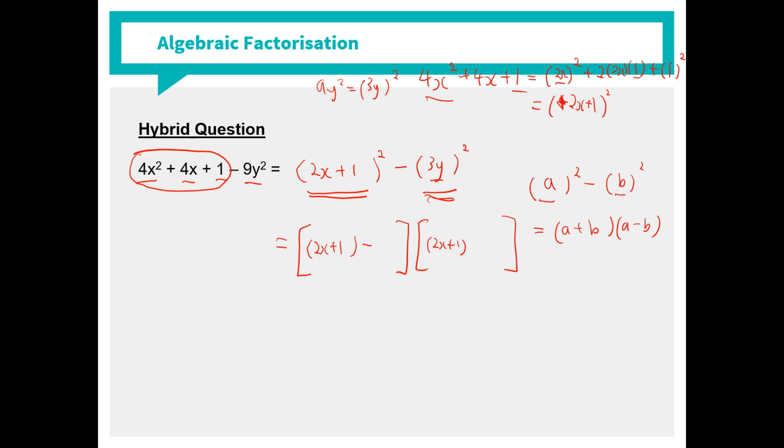So you plus 3y and minus 3y. You end up with 2x plus 3y plus 1 as the first bracket, and 2x plus 1 minus 3y as the second bracket. This is how you solve it.